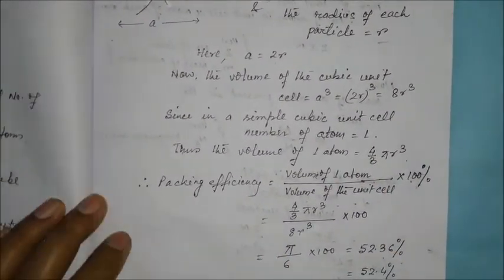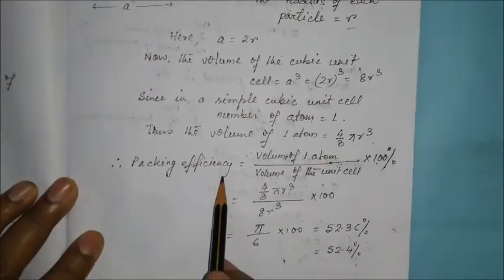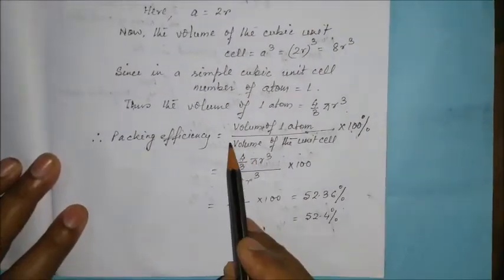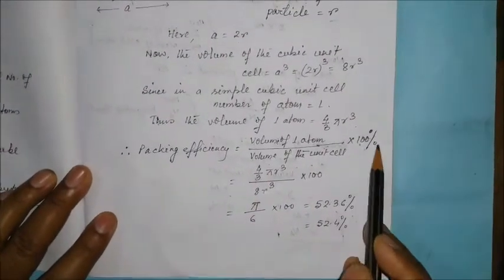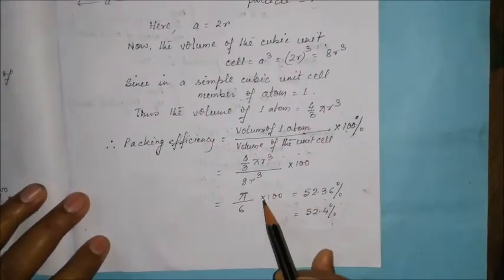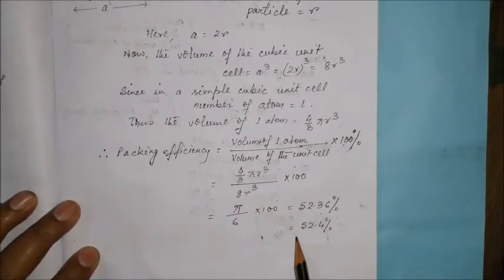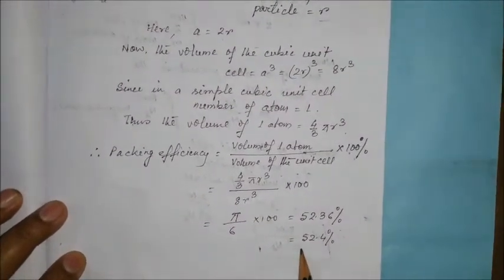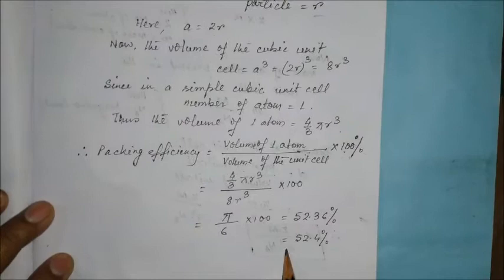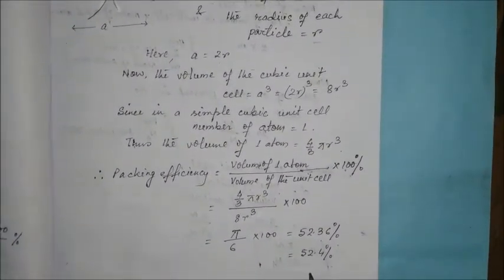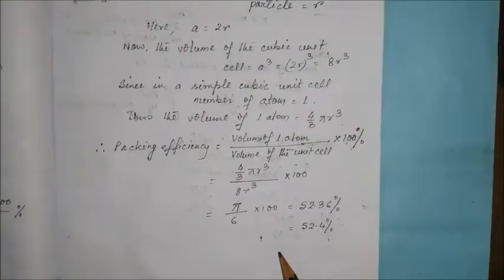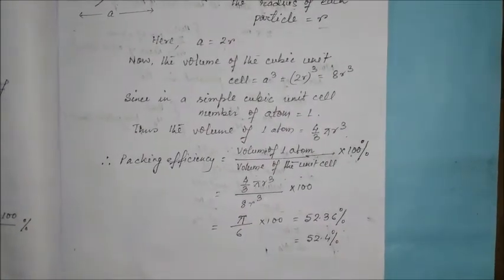Hence the packing efficiency is the volume of one atom divided by the volume of the unit cell, multiplied by 100%. When we put in the values, it becomes 52.4%. This means 52.4% of the space is filled by the spheres.